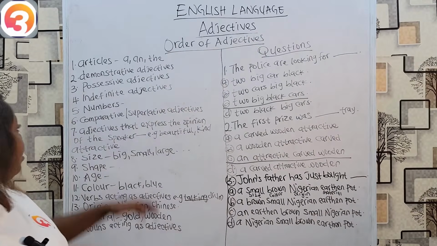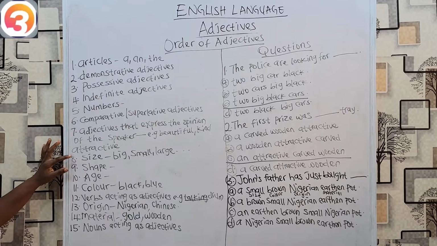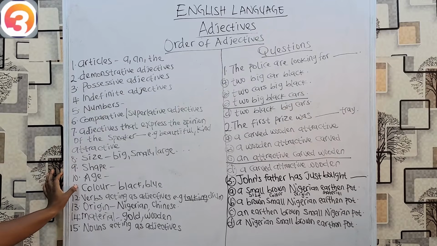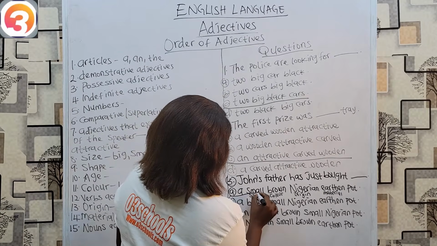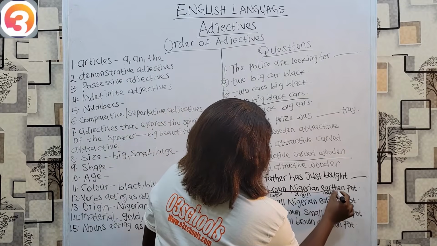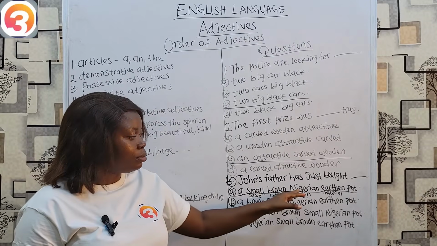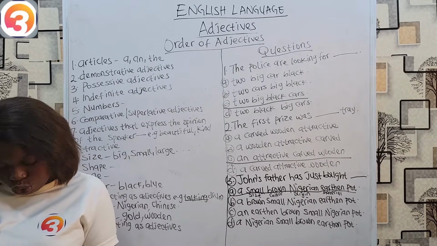So from our order, we have size coming first, then color, origin before material. So our answer becomes a small brown Nigerian earthen pot. John's father has just bought a small brown Nigerian earthen pot. This is the correct order.